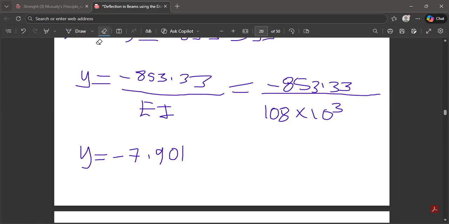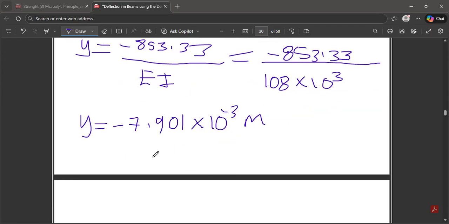okay. But even before that, after the punching, all of this is times 10 exponent minus 3 meters. Because we still want all our calculations to be in millimeters, it means that you have to multiply it by 1,000. So after multiplying by 1,000, you are going to finally get what?